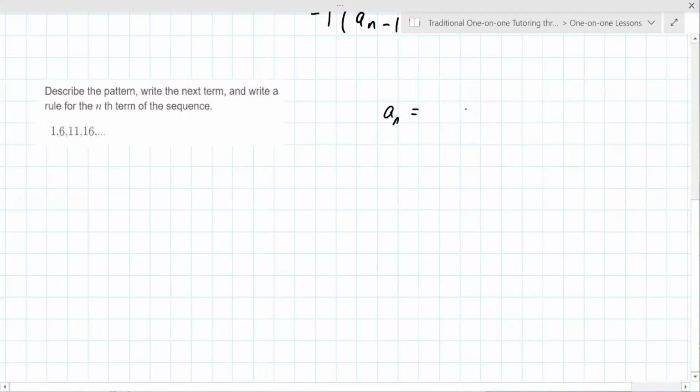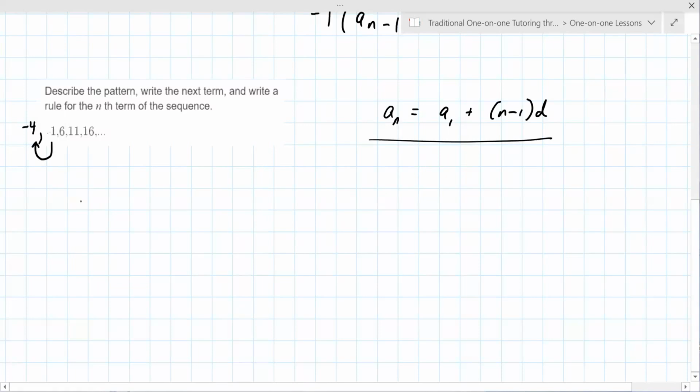So there's a formula for this. It's a_n equals a_1 plus (n minus 1) times d. But there's a shortcut to this. The shortcut is you figure out what is the previous number. What goes before the 1? What would you add 5 to, to get 1? -4. -4 plus 5 gives you 1.